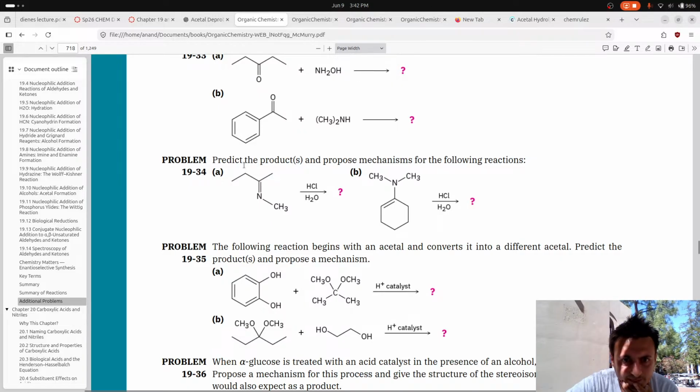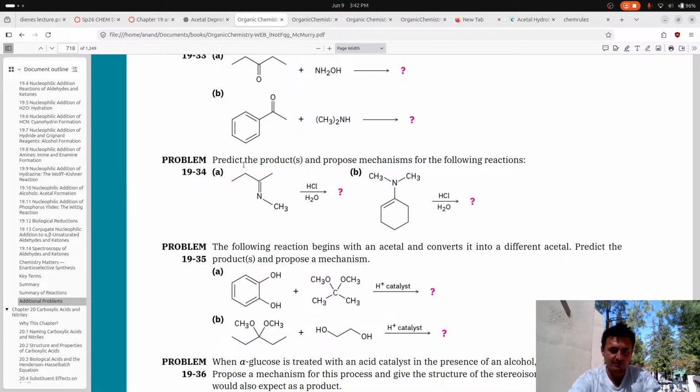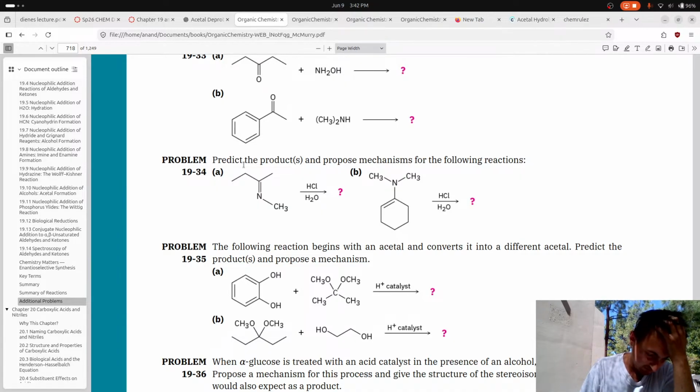Okay, predict the product. So this is the one. I don't know this one. So how do we form it? The first step: the nitrogen is protonated to an iminium ion. Now that carbocation is even more electrophilic, so water is able to come in and attack.